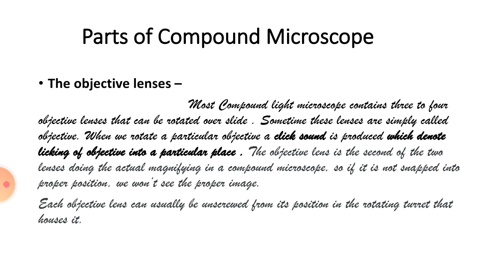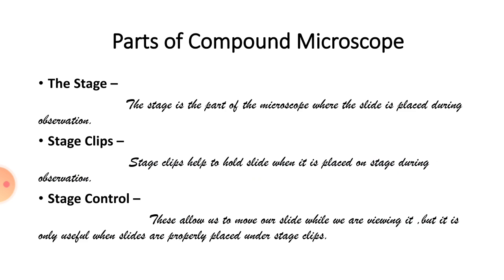The objective lens is the second of the two lenses doing the actual magnifying in a compound microscope. So if it is not snapped into the proper position, we won't see the proper image. Each objective lens can usually be unscrewed from its position in the rotary turret that houses it.